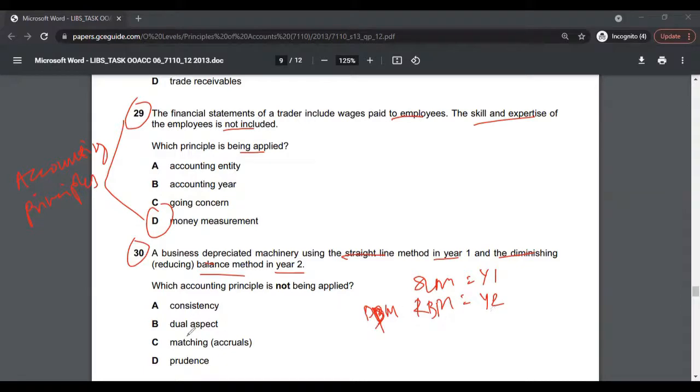The answer here is actually option A, consistency, because the company is changing from one method to another. By changing policies, you're affecting the consistency of your financial statements. The answer to multiple choice 30 is option A.